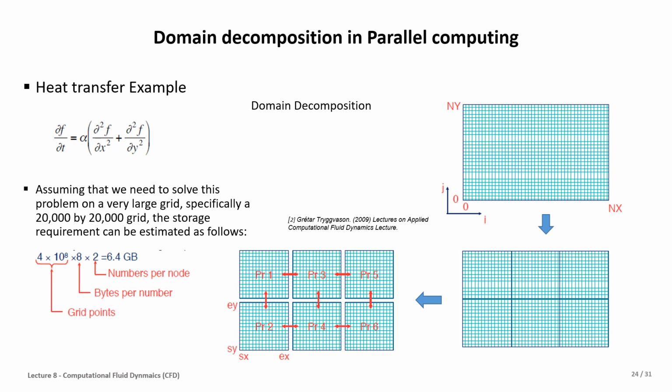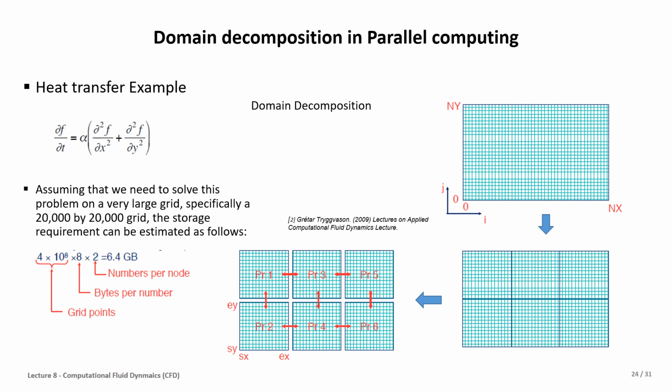When the domain of a problem is split into a number of subdomains, the boundary of these subdomains also matters, because each subdomain is related to the others through these boundaries, so they need to interact and exchange information between each other.